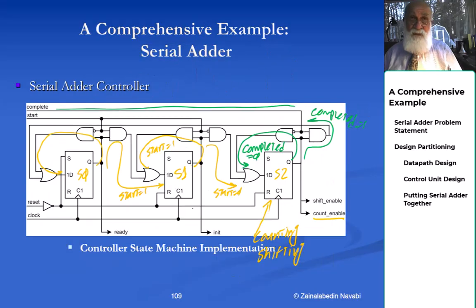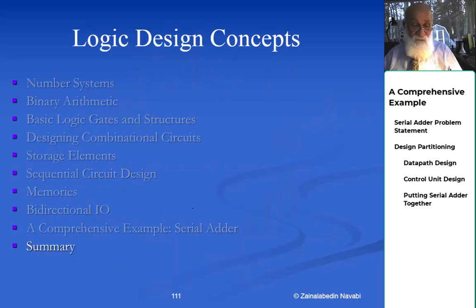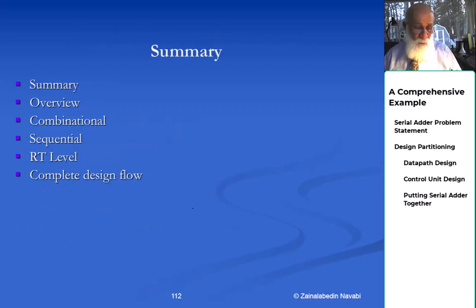All right, I'm done with the presentation of logic design concepts. At the very end, we did a fairly small example, but a very good one, one that included a lot of things that we have discussed. We talked about gates. We talked about number systems.